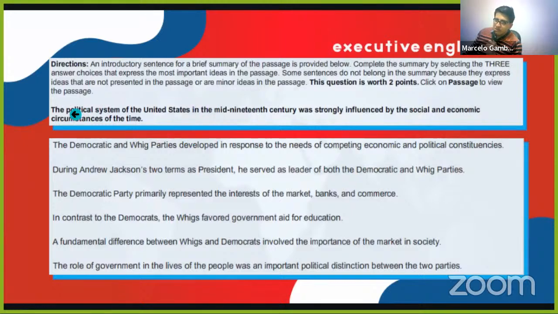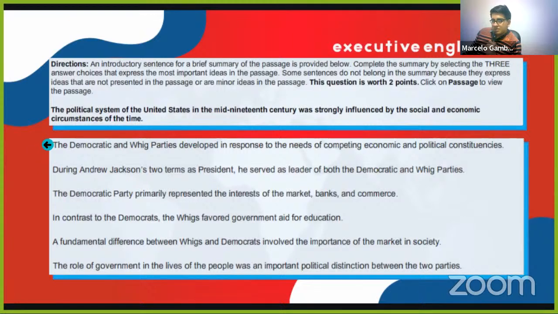The question itself is basically meaningless. It doesn't matter what the question says. If you have this type of question, you're basically being asked to select the 3 answers that represent the passage. Besides what you have here, it doesn't matter.